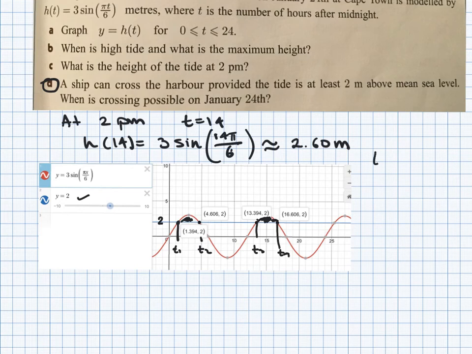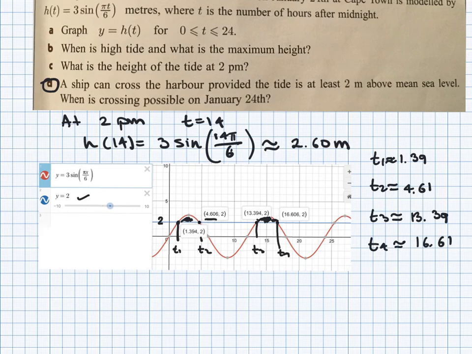T1 is approximately 1.39 hours, T2 approximately 4.61 hours, T3 approximately 13.39, and T4 approximately 16.61.